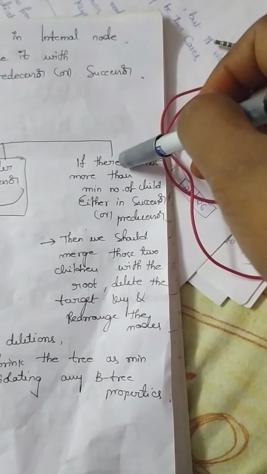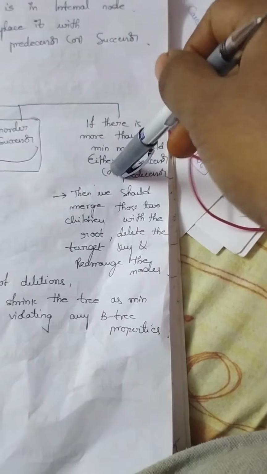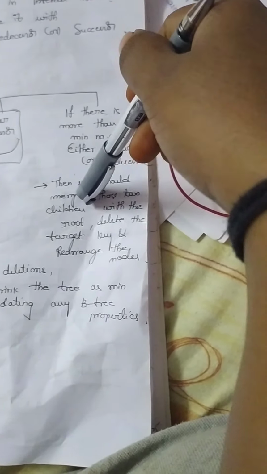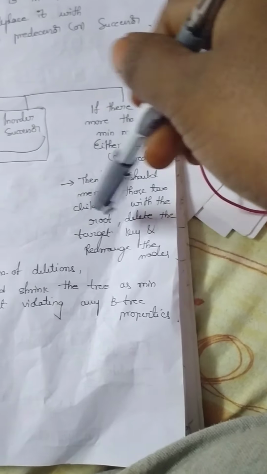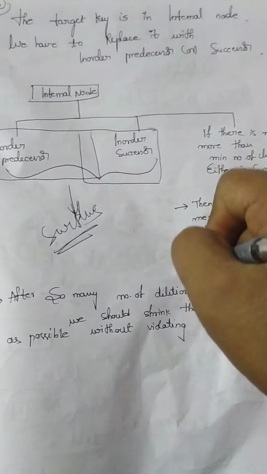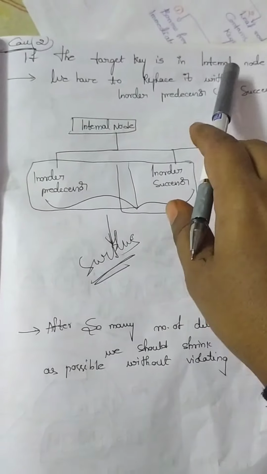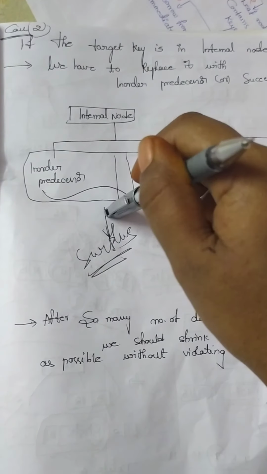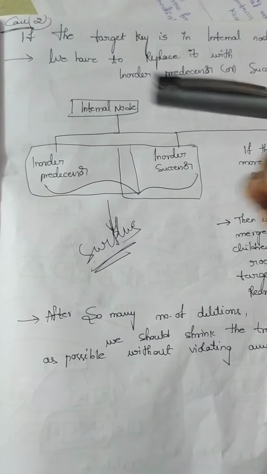If there are not more than the minimum number of keys in either the successor or predecessor child, then we should merge those two children with the root, delete the target key and rearrange the nodes. There is a third case in every situation where the target key is present, either in an internal node or in a leaf node.